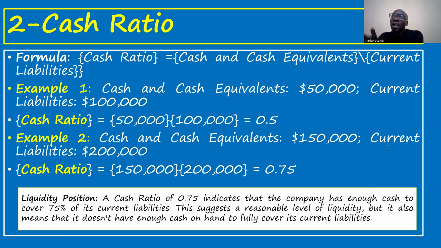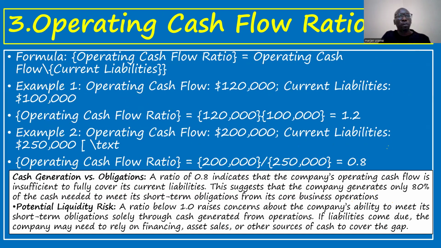If the figure is higher, it means that you have enough cash to meet all your obligations. If you get, for example, 0.2 or 0.1, or a negative, that is even worse, because negative means you don't have cash, so you cannot meet your liabilities. So the figure should always be positive, and a good positive. Now, then we have the operating cash flow ratio.